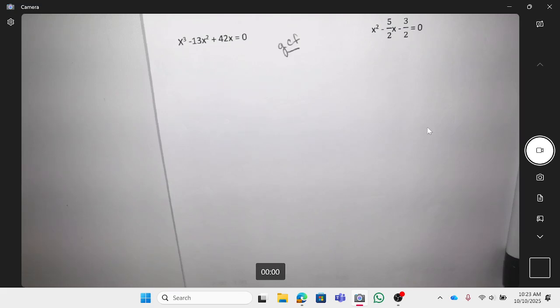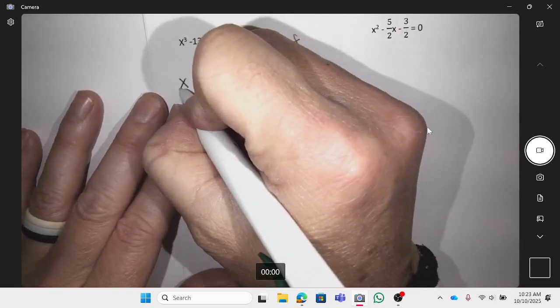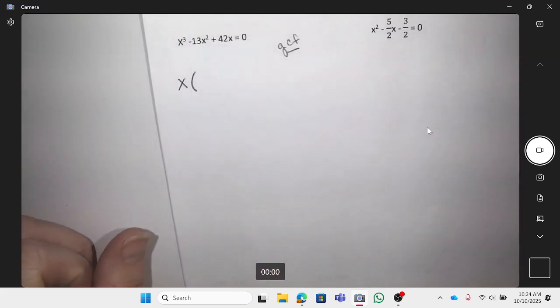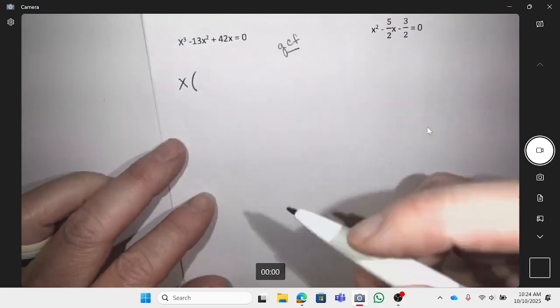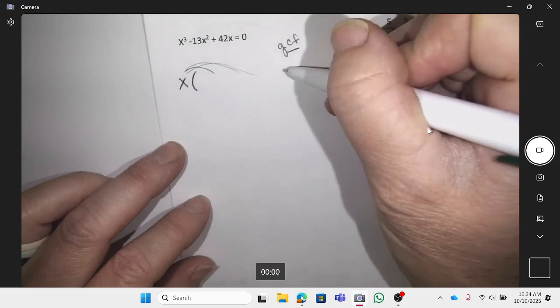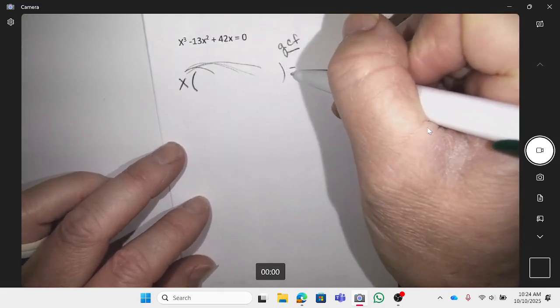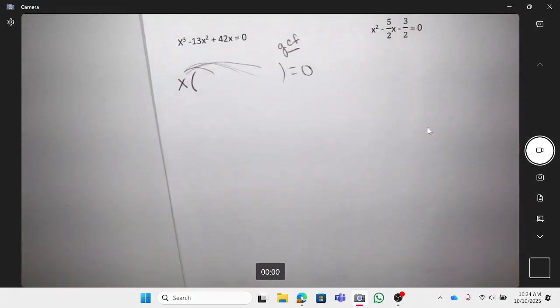Do I have it? Because if I have it, it has to happen first. There are 3 terms. They all have an x in common factor. So if there are 3 terms, you better have 3 distributions.